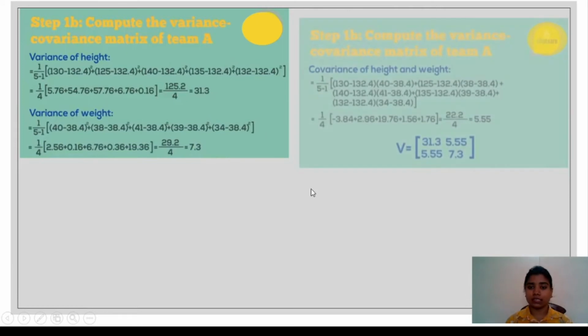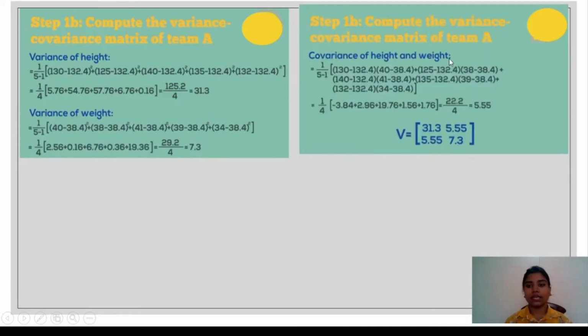In the next step, we will calculate the covariance of height and weight of team A together, that is 5.55, and here we get our variance covariance matrix for team A, that is 31.3, 5.55, 5.55 and 7.3. Don't be confused that first we calculated only variance and then we calculated covariance.